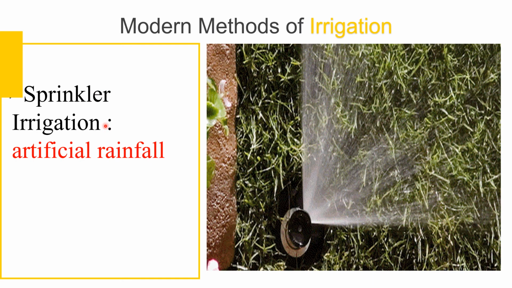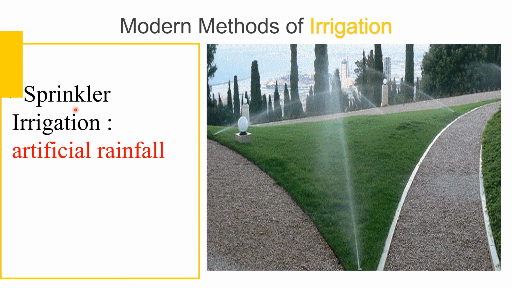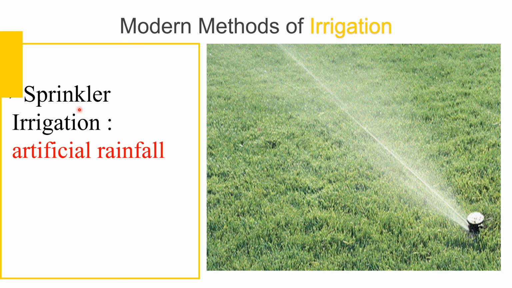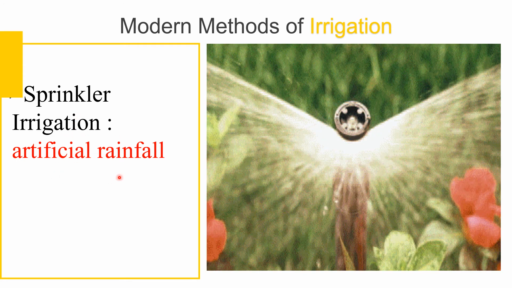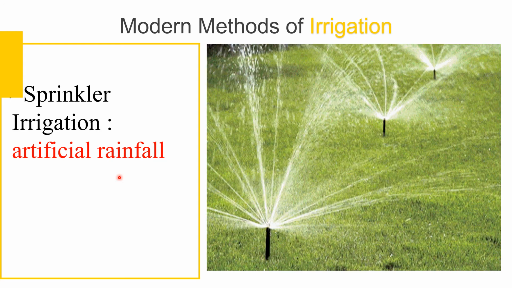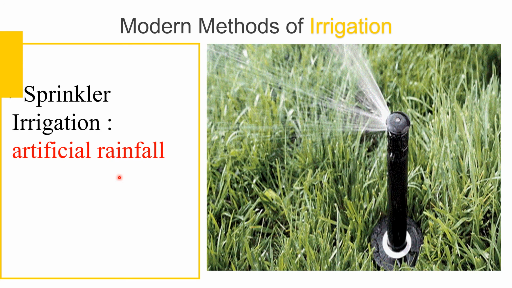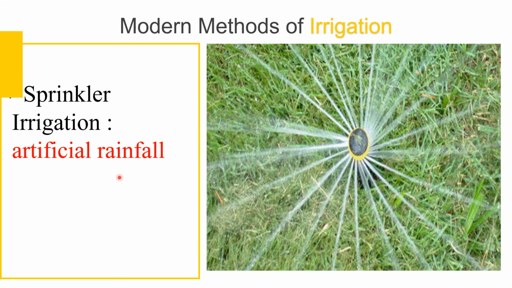Now let us discuss the modern irrigation methods, and under that, first we are going to discuss sprinkler irrigation, which is almost a mimic of artificial rainfall. What happens in the sprinkler irrigation? In the sprinkler system of irrigation, a main pipeline is laid in the field.